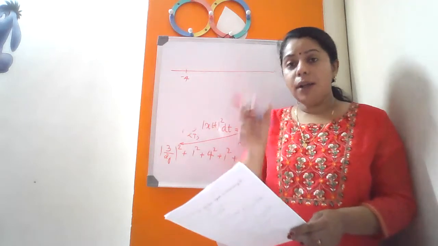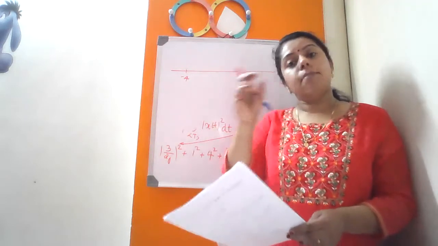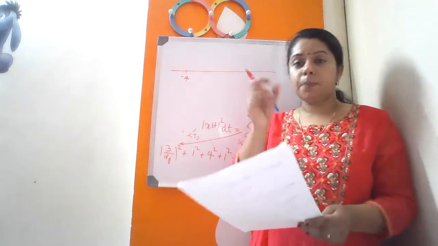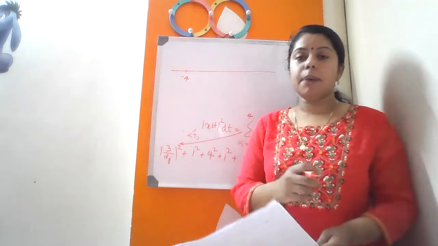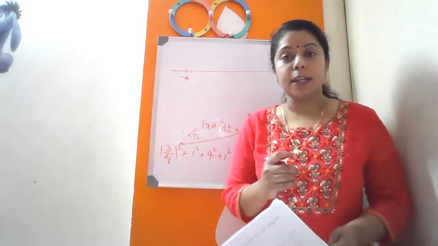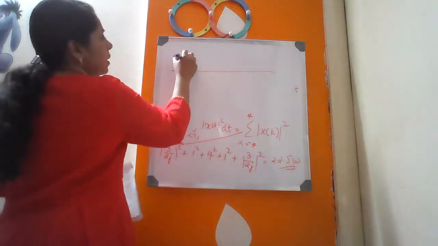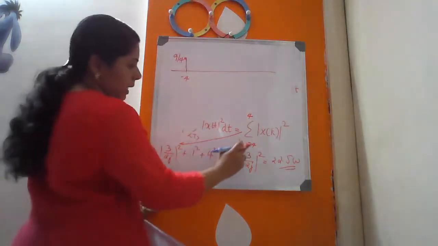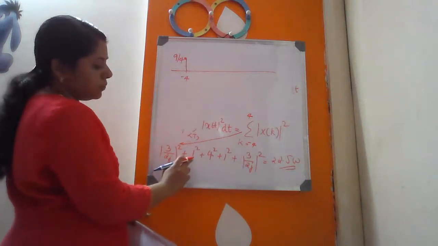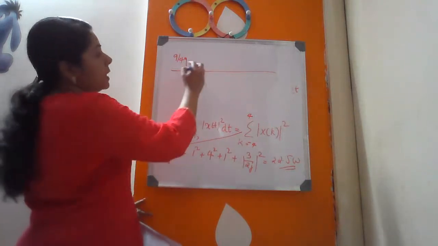So what is the modulus of minus 3 by 2j? It will be 9 by 4, isn't it? So this value will be 9 by 4. Then next, if you substitute minus 3, it is 1.